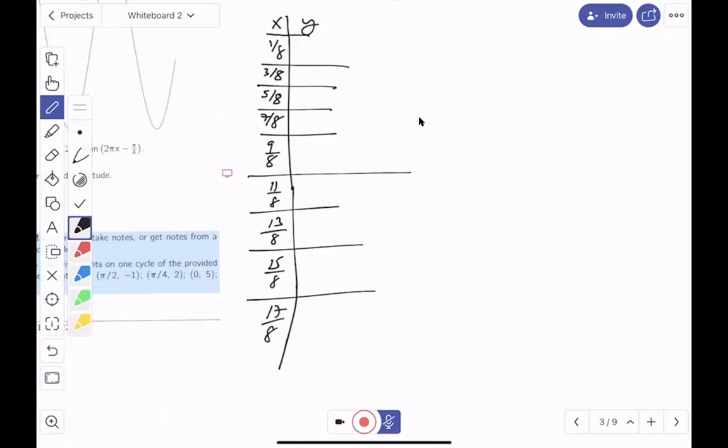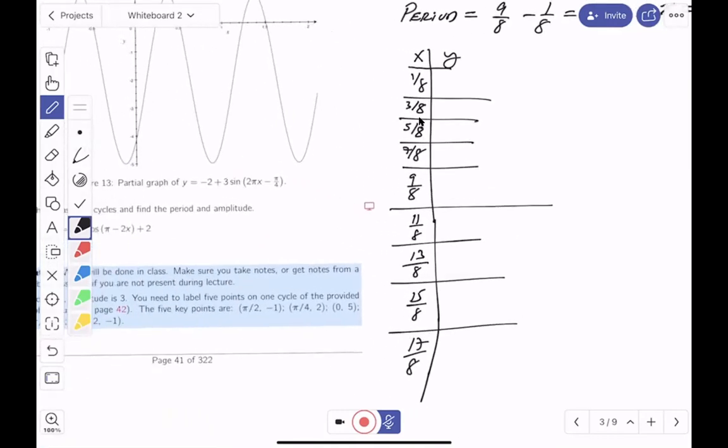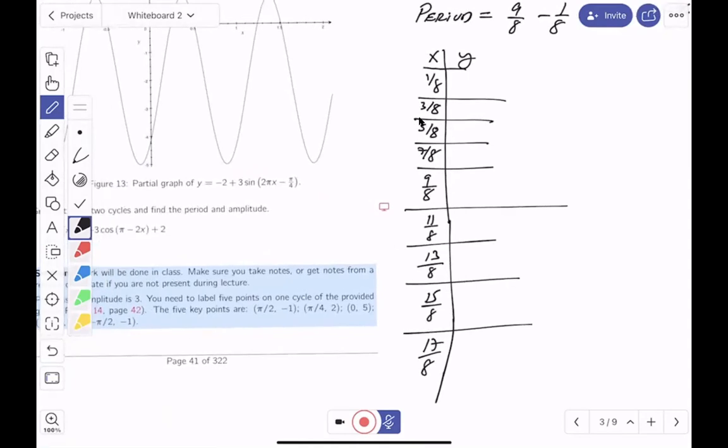Now, so what do you want to do now? Basically, what I want to do is find out what y is, and it should be fairly easy, and there should be a pattern to that as well. Let's write it down for you. y equals minus 2 plus 3 times the sine of something. All right, now if you plug in 1/8 there, what are you going to get? Well, you're going to get 0. Minus 2 plus 3 sine 0.